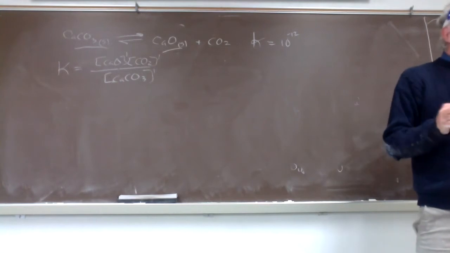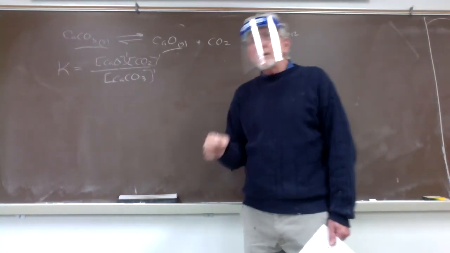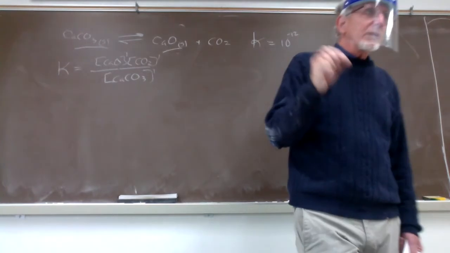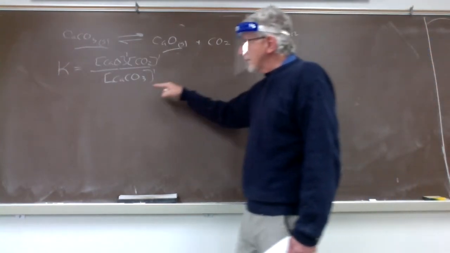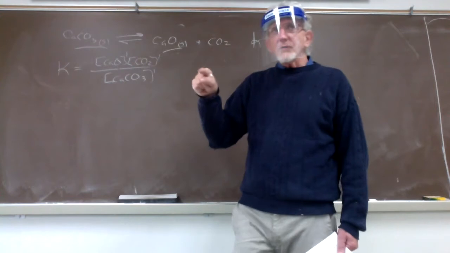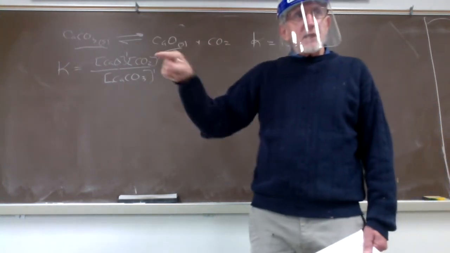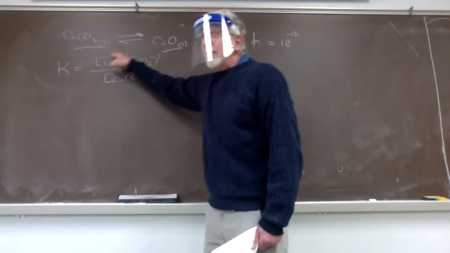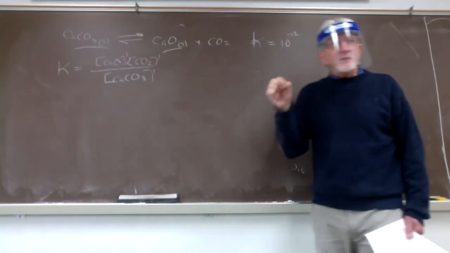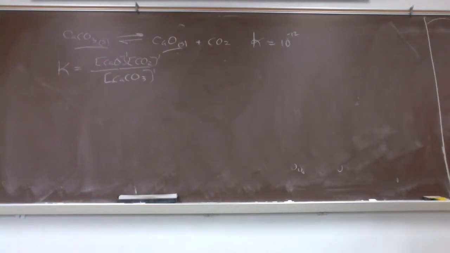And it turns out that we do not put into the equilibrium constant pure solids or pure liquids. We only include into the equilibrium constant those reactants and products whose concentrations change as their amounts change, as the reaction proceeds. And it turns out that a pure solid or pure liquid, its concentration does not change as we change the amount of it that we have, which kind of seems counterintuitive.